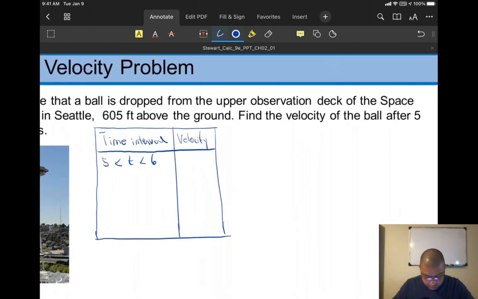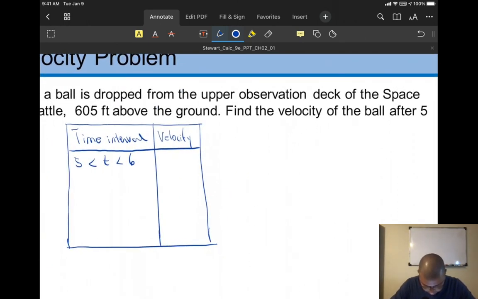So let's find what s of 5 is. So s of 5, from Galileo's formula, that is the distance the ball travels from 0 to 5, which is 4.9 times 5 squared. And that's why I have my calculator here, so I'll just do that. So 4.9 times 5 squared, and that's 122.5.